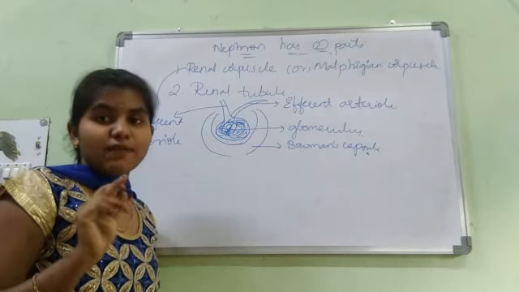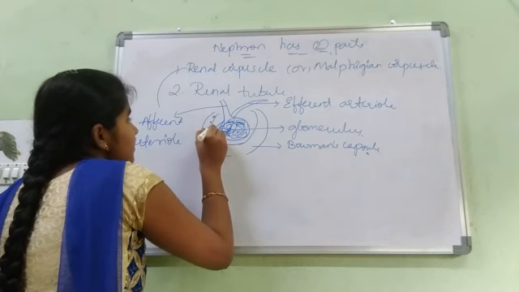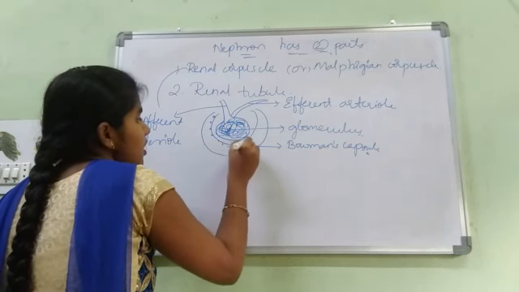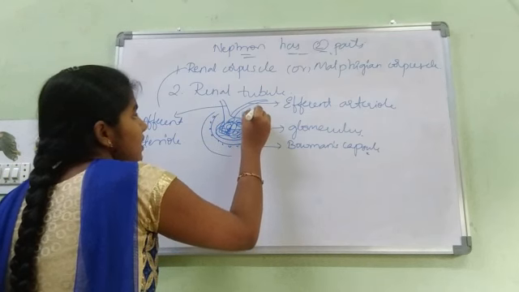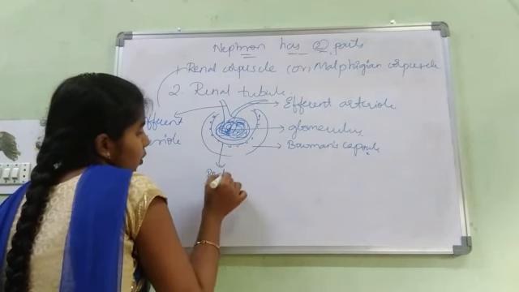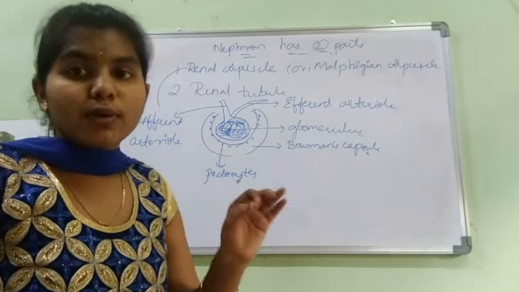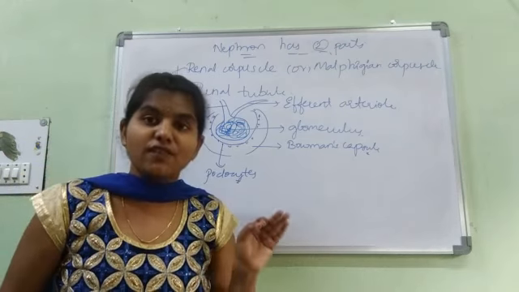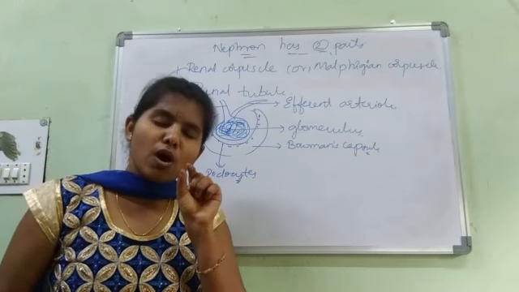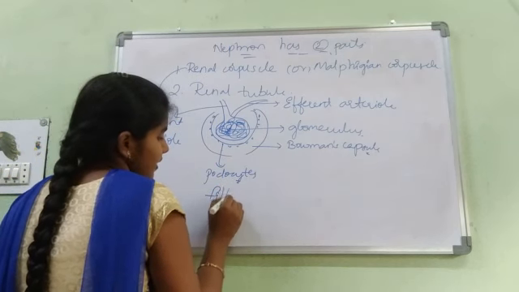In Bowman's capsule, we have unique cells called podocytes. They are adhered to the glomerulus. These podocytes are arranged in such a way that they leave small pores called filtration slits or slit pores.